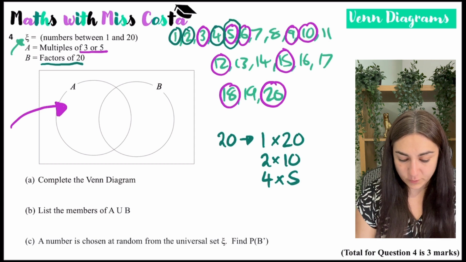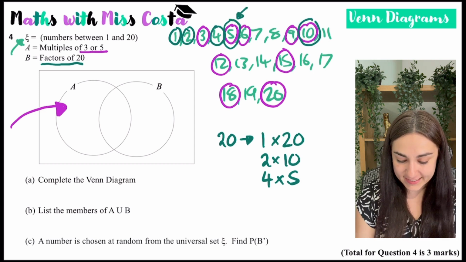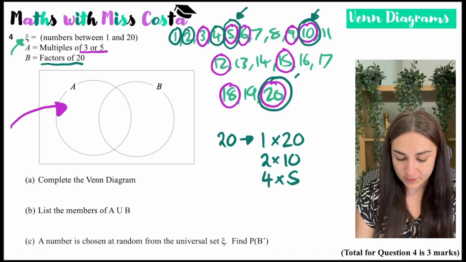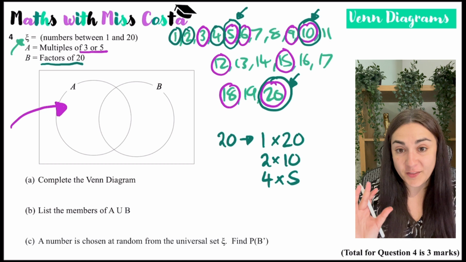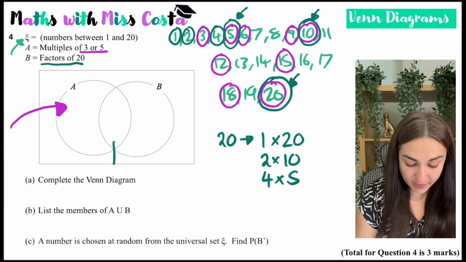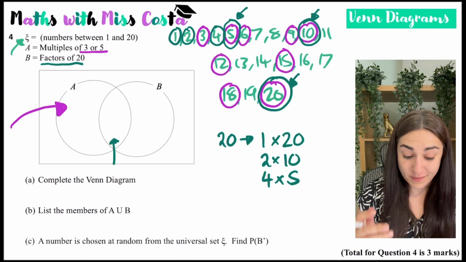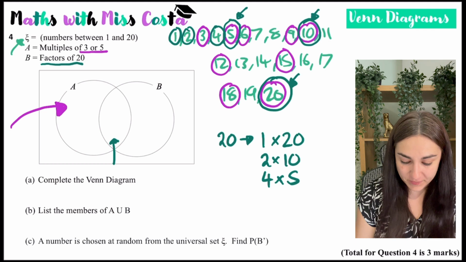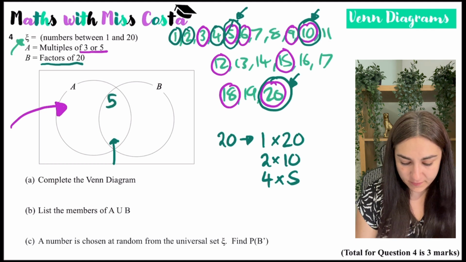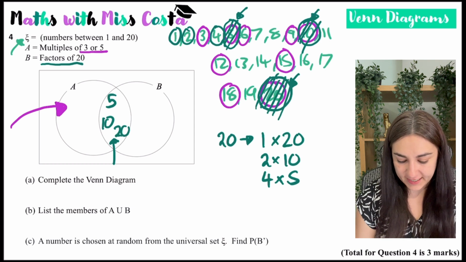So 5 gets circled twice. So let's be mindful of that. 10, which also gets circled twice, and 20, which also gets circled twice. So the numbers that get circled twice are what are in the intersection. They are common to A and B. So I'm going to write 5 and cross it out just so I don't forget, 10 and 20 in this intersection here.